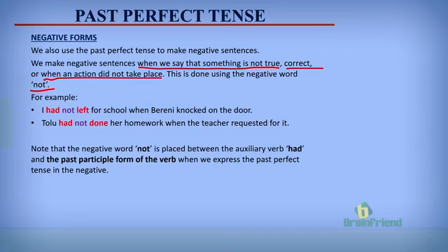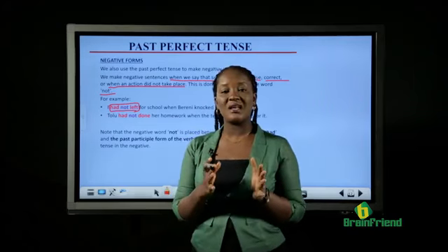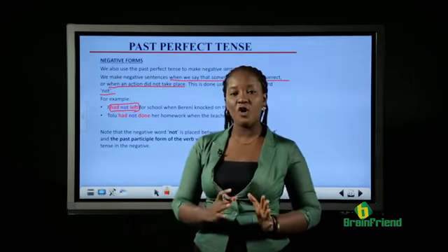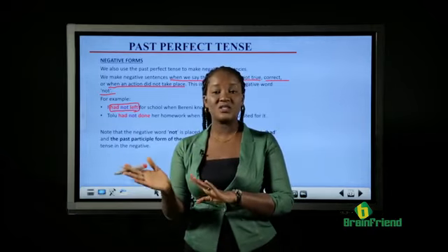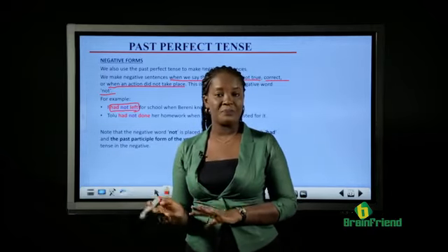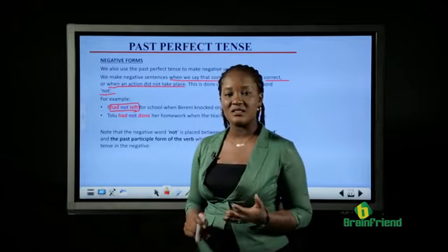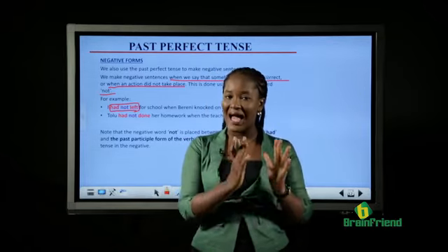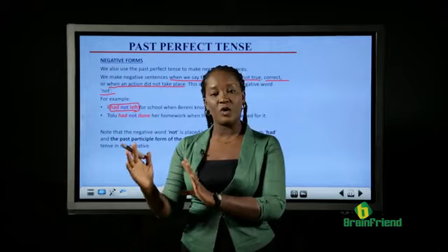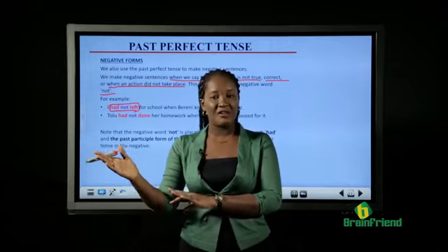Now let's look at some examples. I had not left for school when Bereni knocked on the door. I had not left. Remember that when we express sentences in the past perfect tense, we use the auxiliary verb had before the action verb, which is a past participle form of the verb. Now, to express negative sentences, we also have the auxiliary verb had and the main verb or the past participle verb after it.